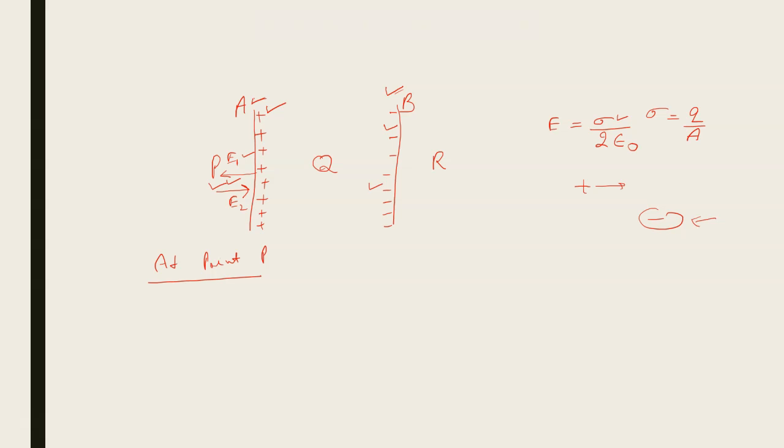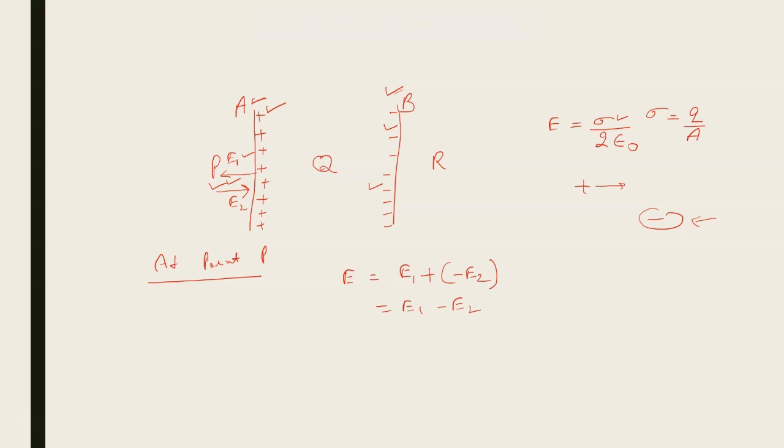So the resultant is E equals E1, as both the electric fields are in the opposite direction, so it will be E1 minus E2.